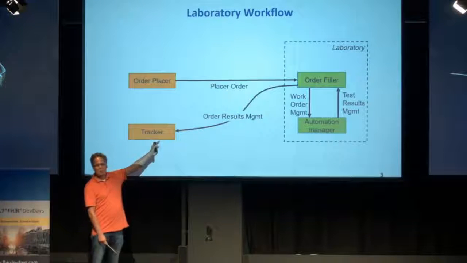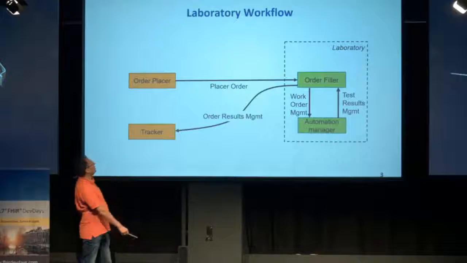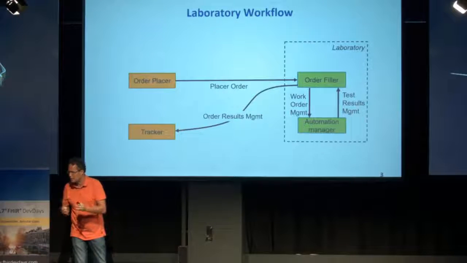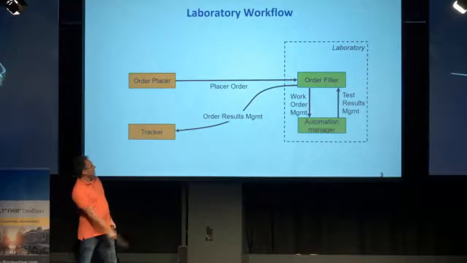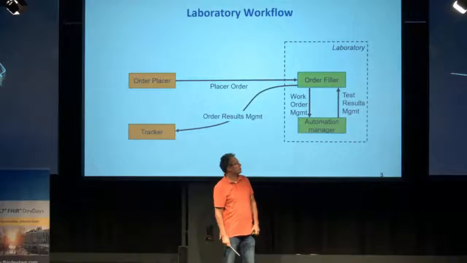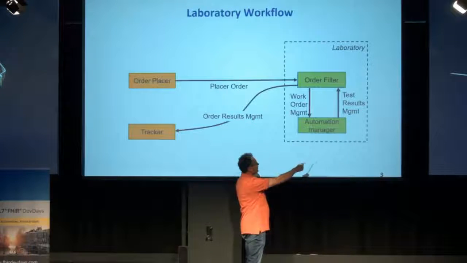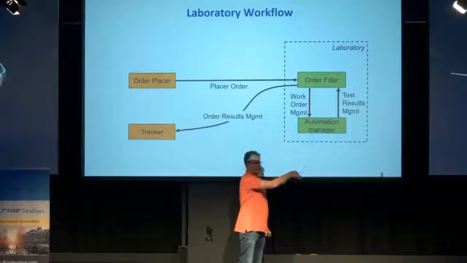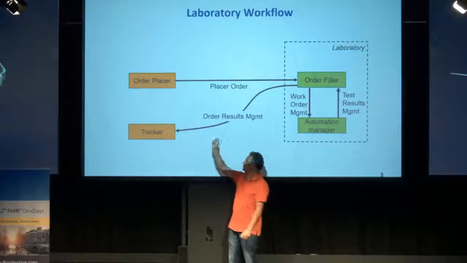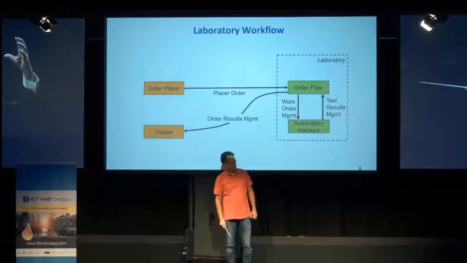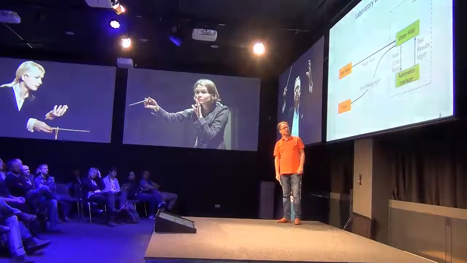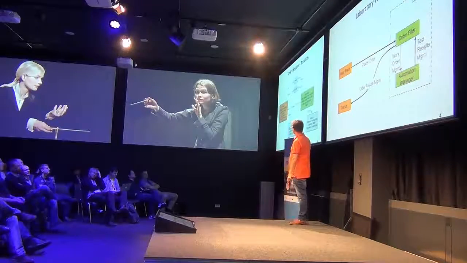In general, the workflow for order management has an order placer, some software application that can send orders or requests, communicated to an order filler, which in our example today is a laboratory system. The order filler communicates with an automation manager, linked ultimately to the analytics devices, which produces a test result, and the test result is communicated to the tracker. Order placer, order filler, and the tracker: those are the three main roles we have here.